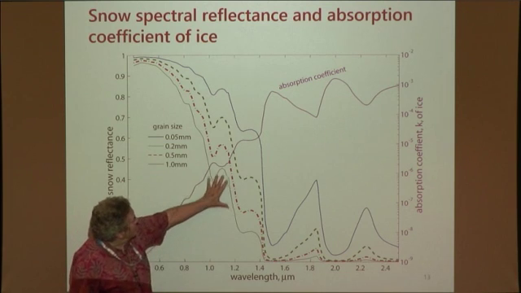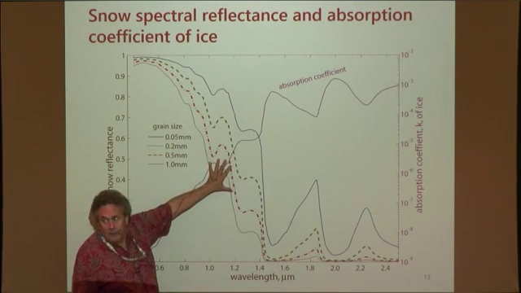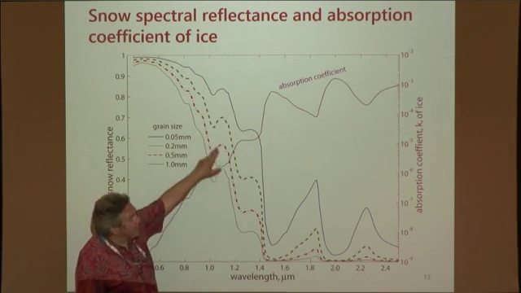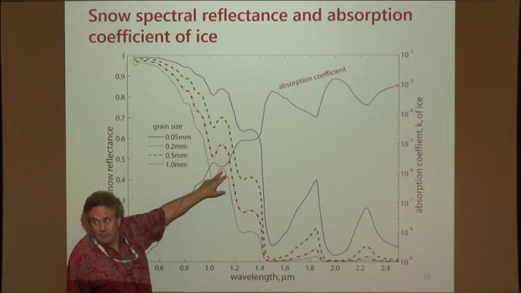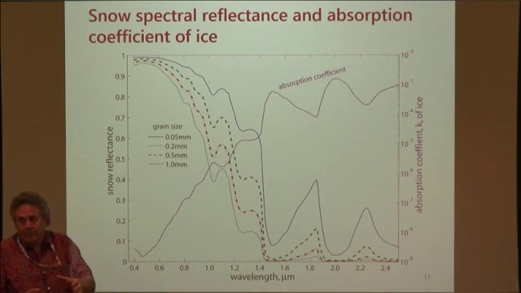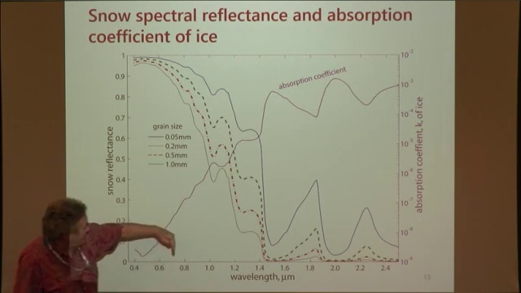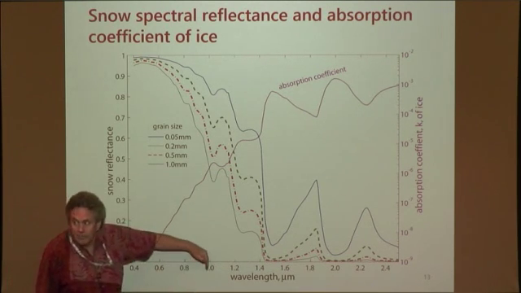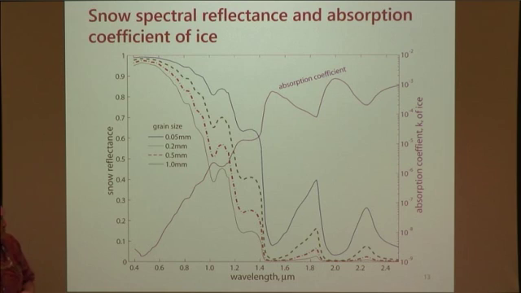But what you see here is a couple of things. One is, as you get out to the region where the absorption is moderate, then the grain size makes a difference. So as the snow ages and the grains grow, it becomes less reflective, because remember that about half of the sun's energy is out beyond the wavelengths of the visible.